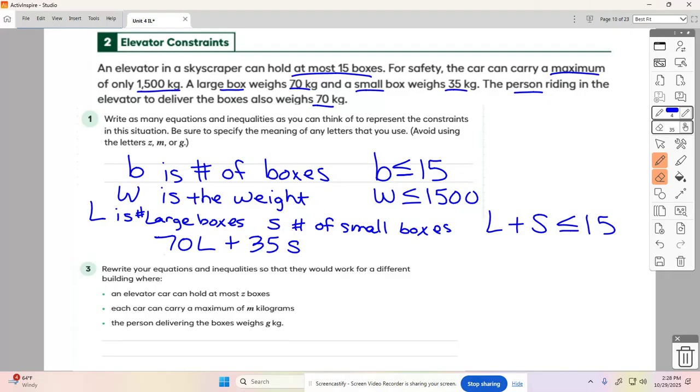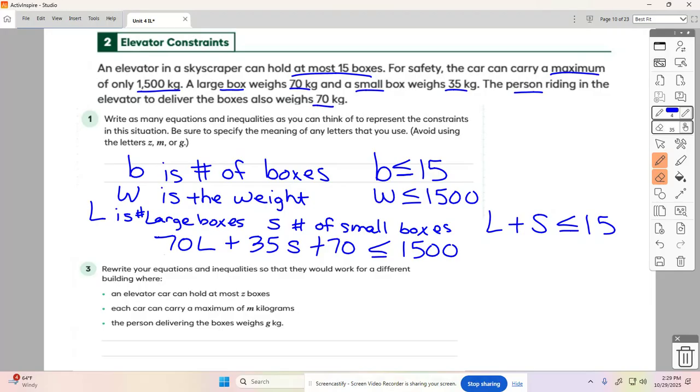What else do we have riding in that elevator? The person that weighs 70 kilograms. Cool. All of this has to be less than or equal to, I could either say 1,500 here, or I could say the weight W. It doesn't really matter.